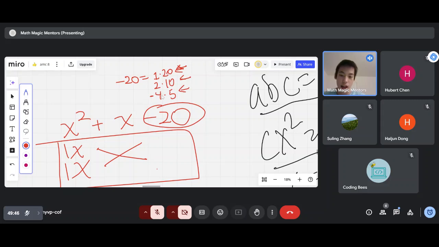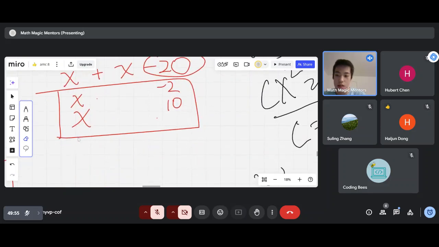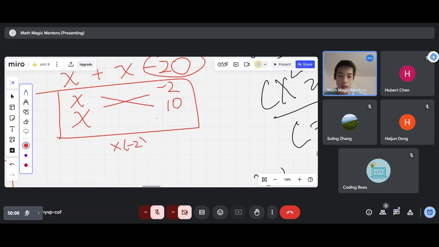So let's try negative 2 and 10. What would be the sum of the products in the cross? Well, x times negative 2 would be negative 2x, and then you add 10 times x, which is 10x, and that's 8x.